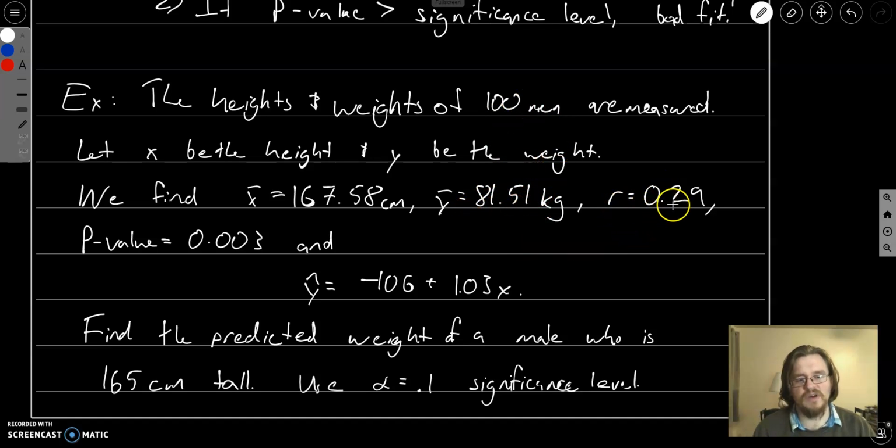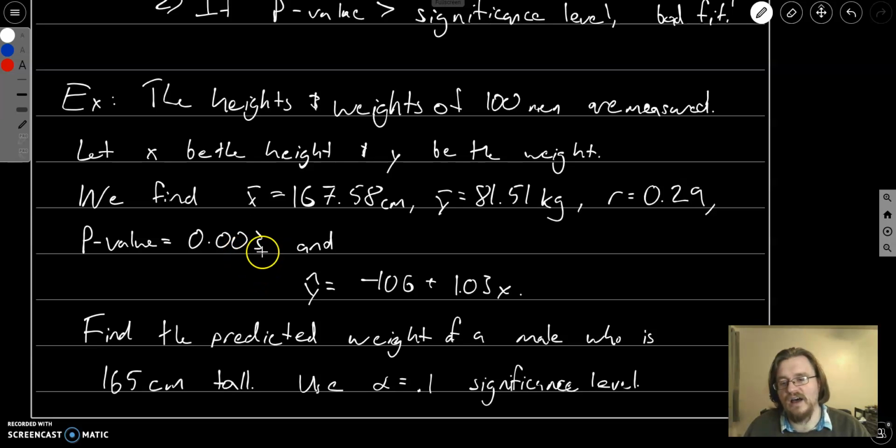R here is 0.029. So this is the linear correlation coefficient. The closer R is to 1 or to -1, the more linearly correlated the data will be. So this doesn't seem all that linearly correlated, but the p-value here for this data is really small.